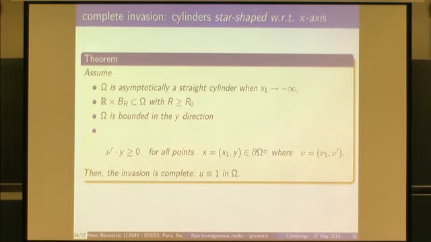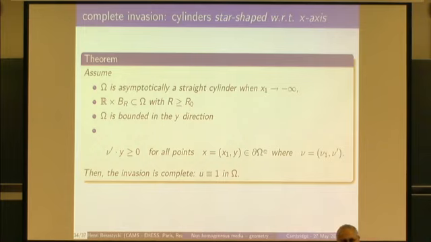Or more generally, if the coordinates are x1, y, then nu prime dot y is greater than or equal to 0. The reason why I like to call it star-shaped with respect to the axis is if you had nu dot x greater than or equal to 0, you say that it's star-shaped with respect to x. That's what this condition means.